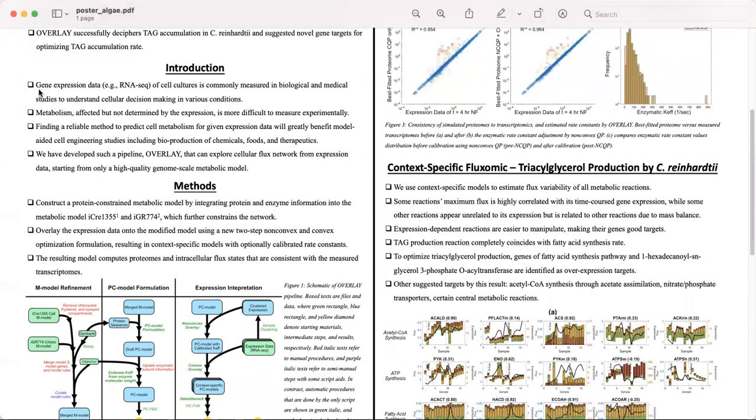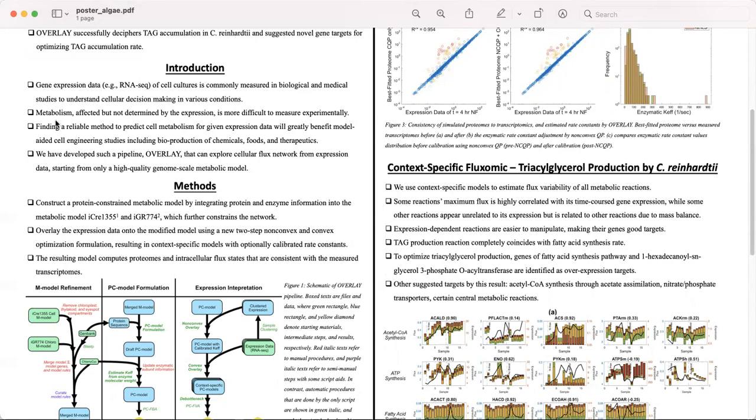Nowadays, measuring gene expression data, including RNA sequencing and proteome profiling, is very easy and very accurate under various experimental and environmental conditions. However, metabolism is still hard to measure, and even if we somehow measure it, it's still very noisy.